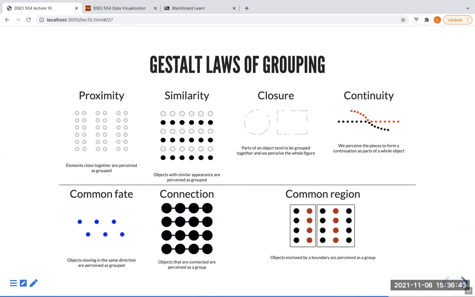So laws of grouping, you have them here. I can go quickly through it, but they're mostly obvious. But they're useful when you think in terms of connecting elements in the display. So if you put things together, they're seen as part of the same entity.